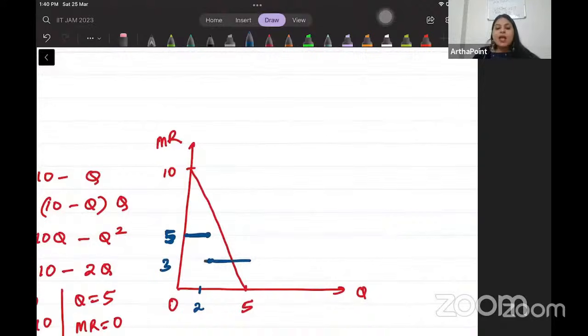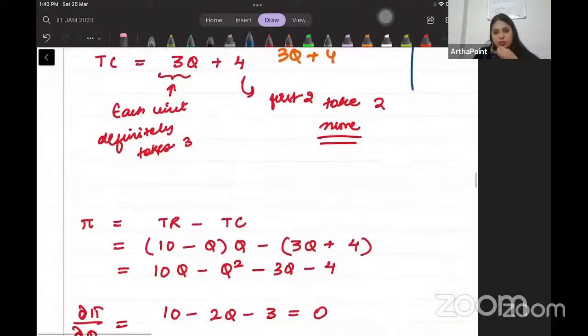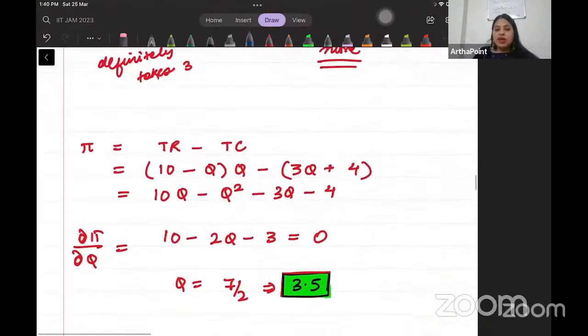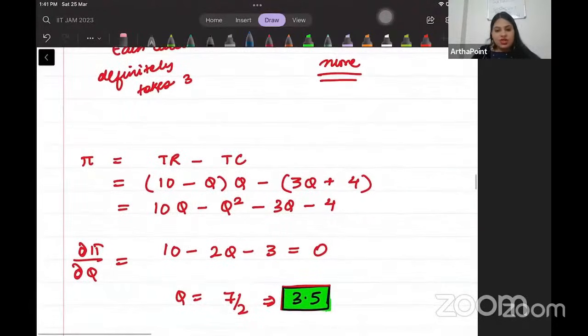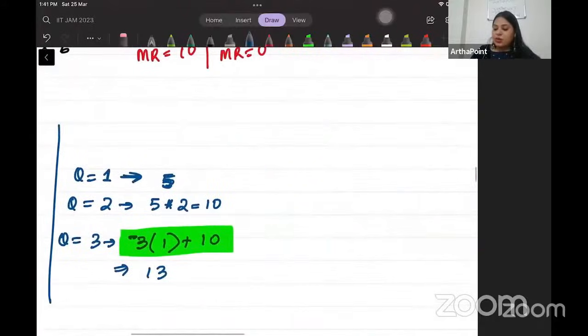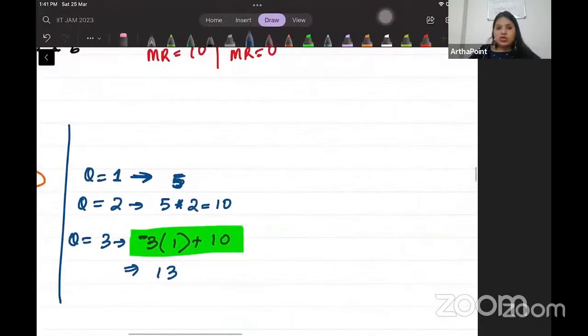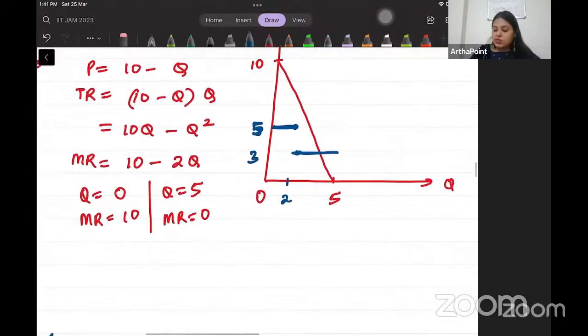Okay. Now it wants us to find out what the profit maximizing output is. So I have already found out my marginal revenue, right? And now I just need to see where it equates to my marginal cost curve. So what am I going to do? I'm going to say, okay, my marginal revenue is 10 minus 2Q.